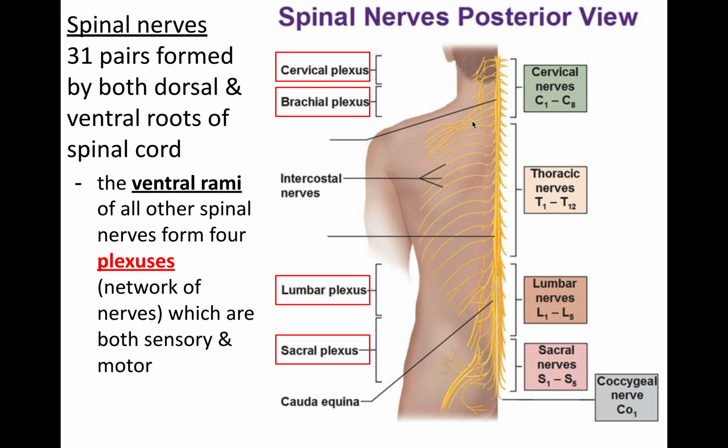This messy network of nerves, these are called plexuses. Individual nerves are kind of hard to see because they're all woven together. The individual plexuses are the cervical plexus, the brachial plexus, the lumbar plexus, and the sacral plexus. On the other hand, the nerves that branch out from the spinal cord in the middle don't tend to be woven. They're just kind of straight lines. They're nice and clean, the intercostal nerves.